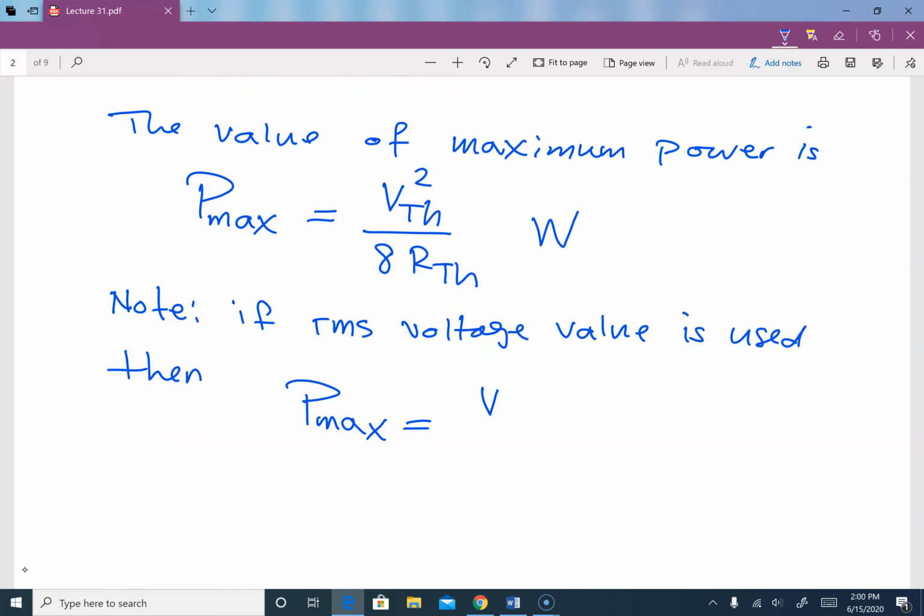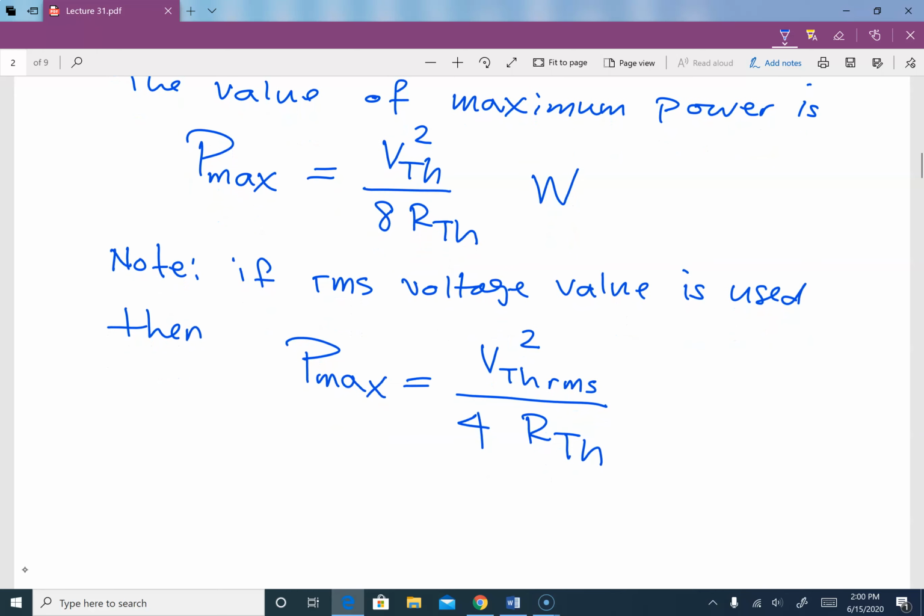That is V Thevenin RMS squared divided by 4 R Thevenin. Don't forget that. So if we are using VM, then this is our formula, V Thevenin squared over 8 R Thevenin. If we are using V RMS, then this is our formula over here.